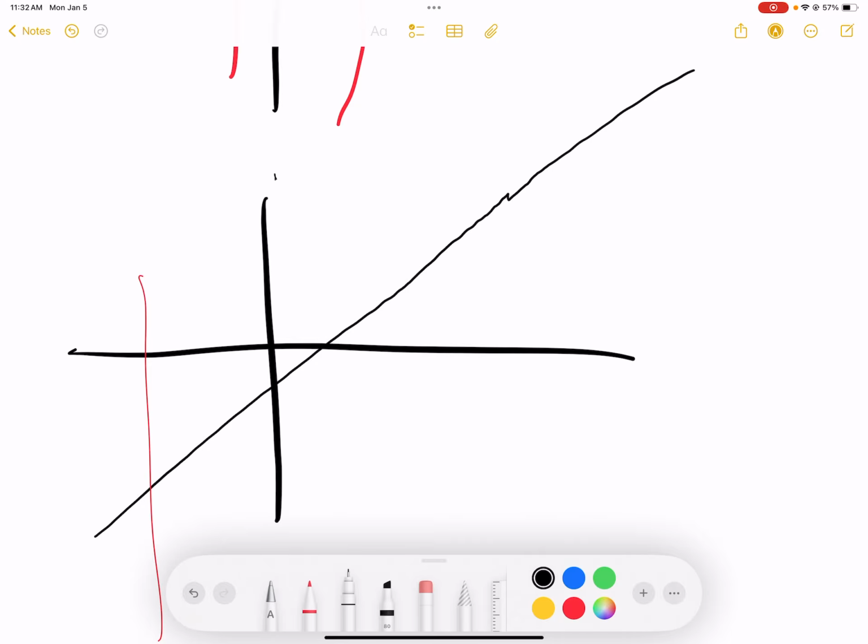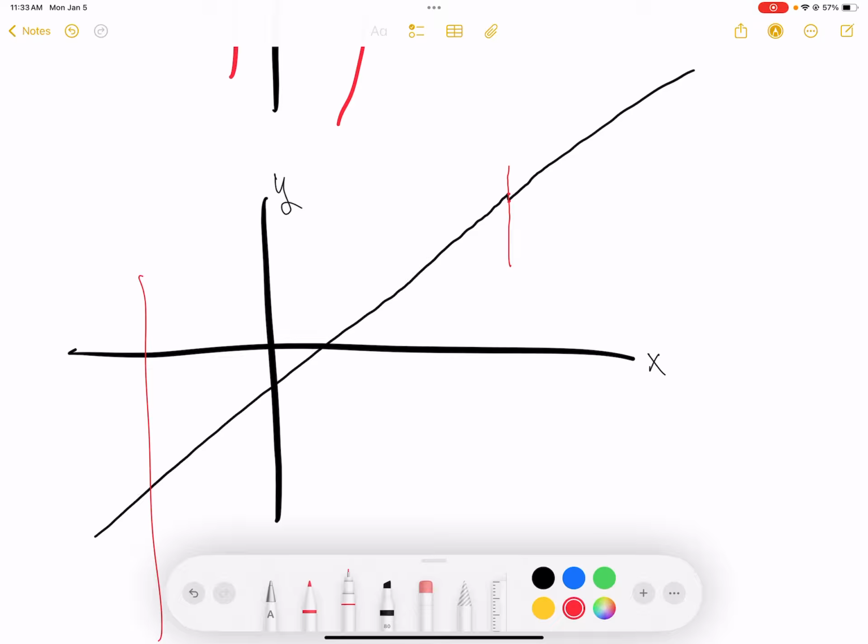The vertical line test passes here. It passes pretty much everywhere except this one itty bitty spot. This one itty bitty spot is where if I draw a vertical line here, I'm going to hit two spots on the graph. So it fails. This entire graph fails the vertical line test.